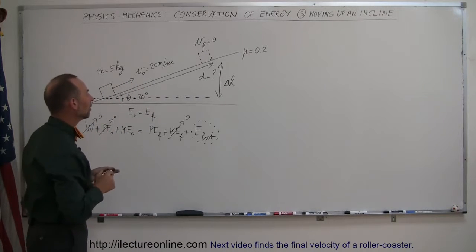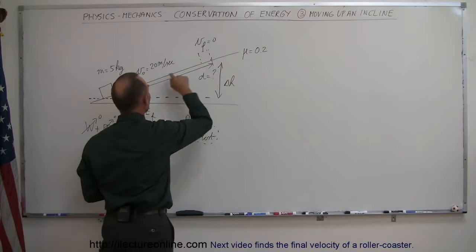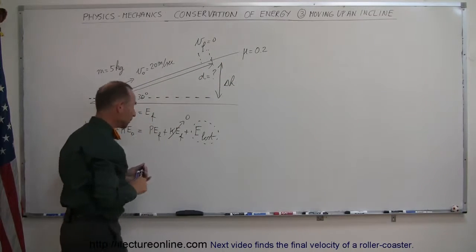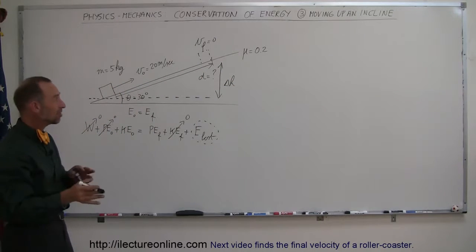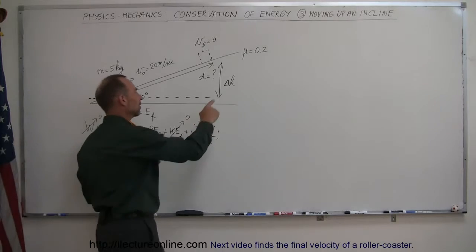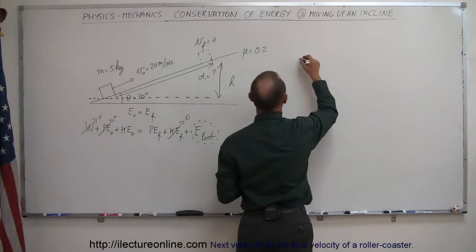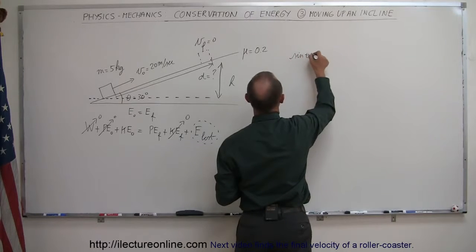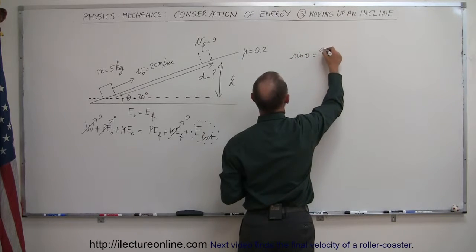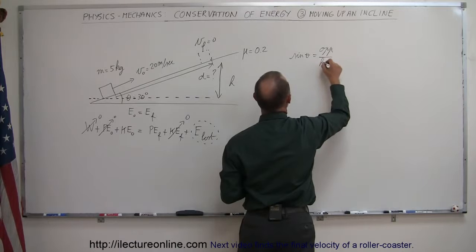Now they're not asking how high the object will go, they're asking for how far the object will go up the incline. So we have to relate h to d, and I don't have to write delta h, I can simply just say h. We can then say that the definition of the sine of theta is equal to the ratio of the opposite side over the hypotenuse.